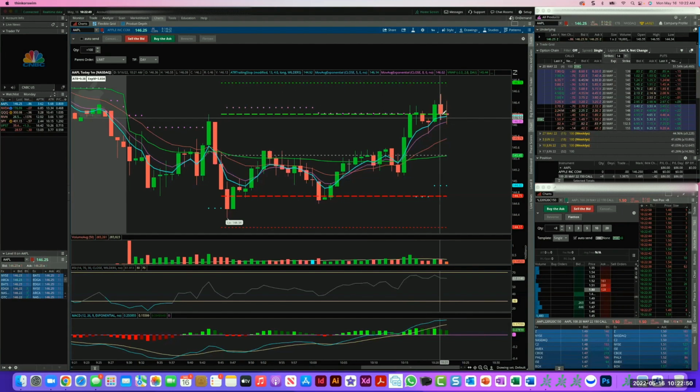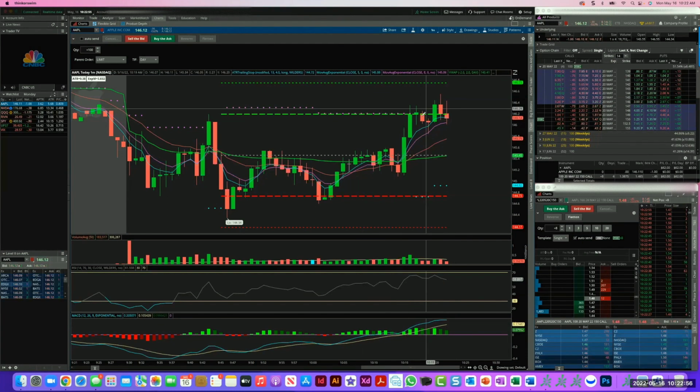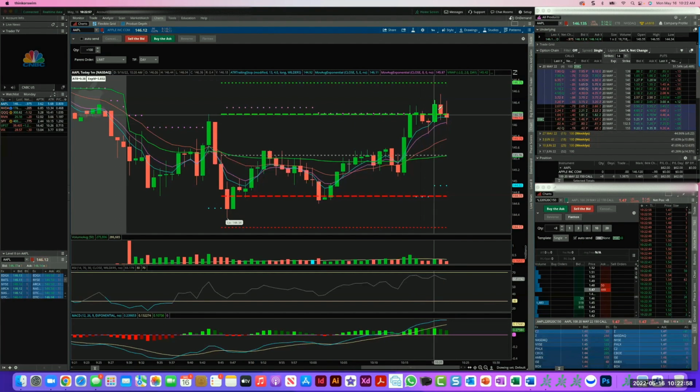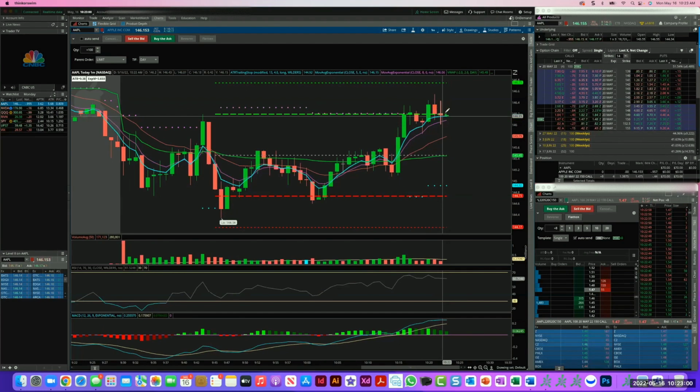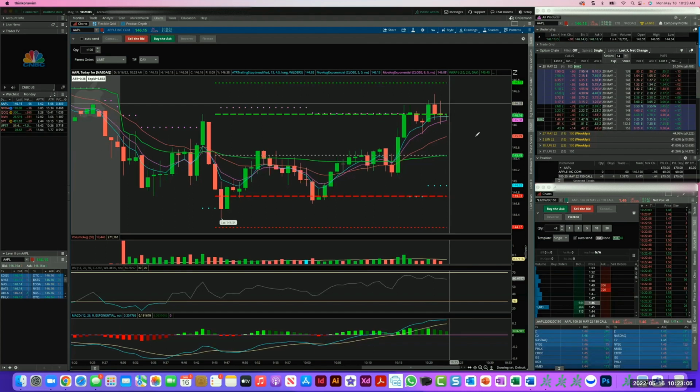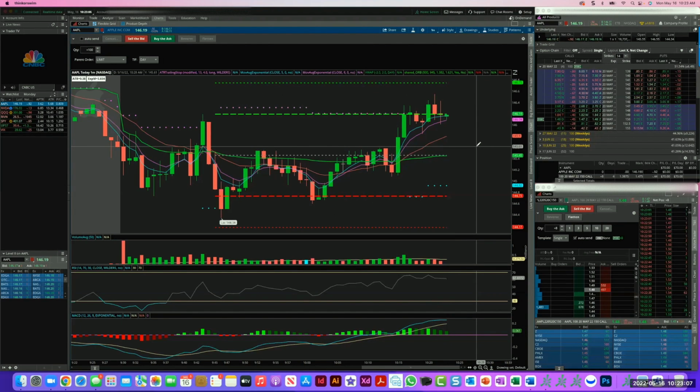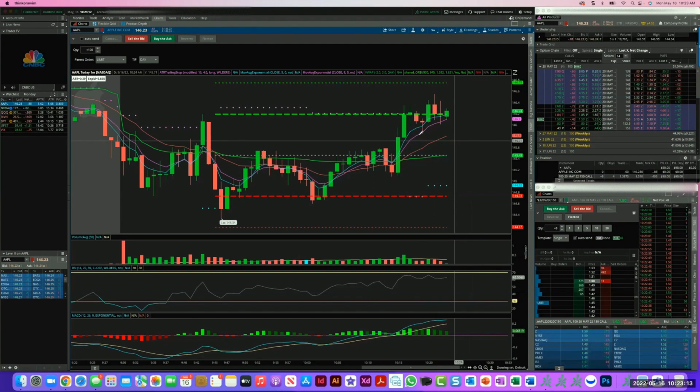Now we've got the 5-day EMA providing support as well. So what we've done, we've broken through this. We've tested this area for support. Support looks like it's holding. So if we were not in a trade for Apple, this is where we would enter to the upside.